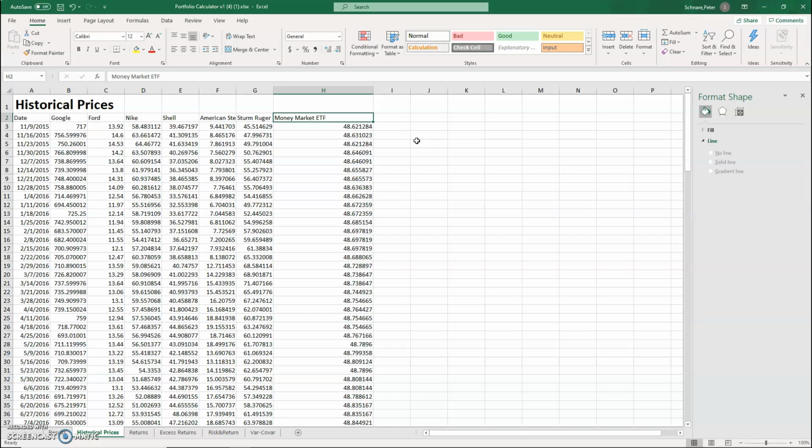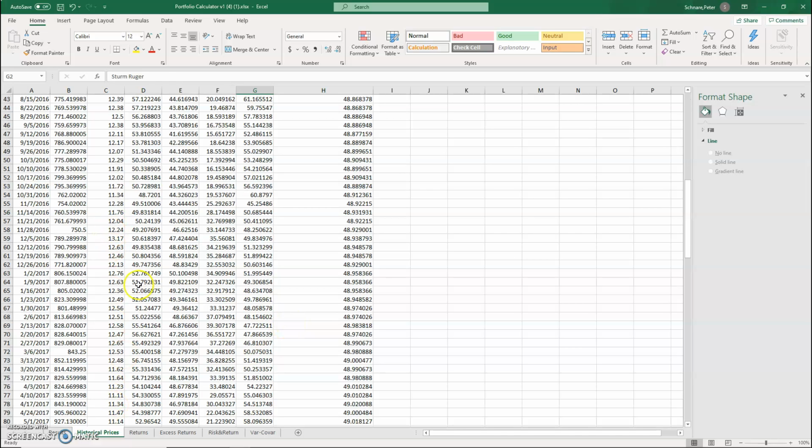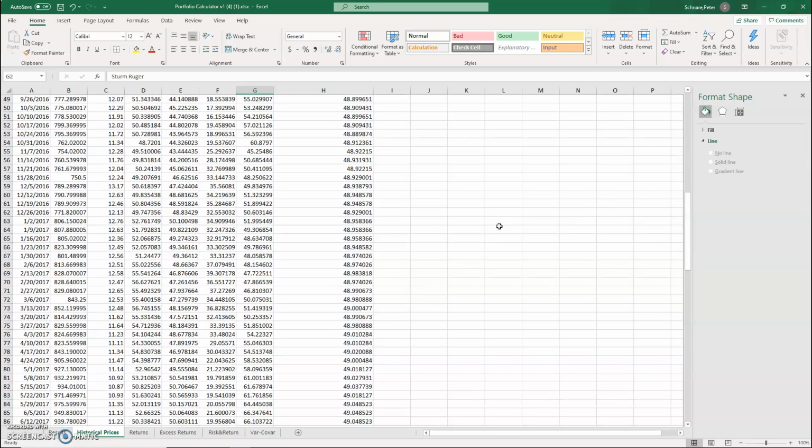It is risk-free. Google, Ford, Nike, Shell, American Steel, Sturm Ruger, on the other hand, are all risky to some degree. They give you a return profile, an expected return, which is essentially the mean of all of these data points. That's what you can expect at the end of it, but they give you that in relation to the standard deviation. How likely are they to deviate from that?